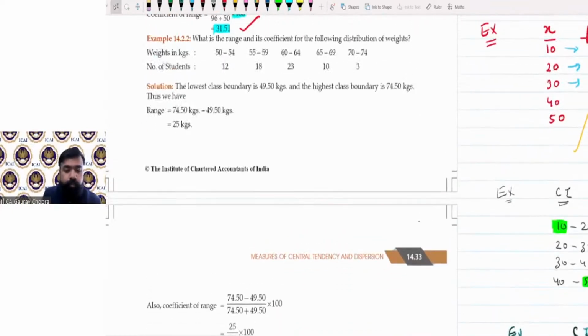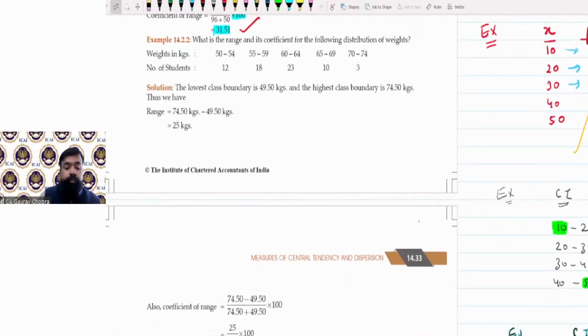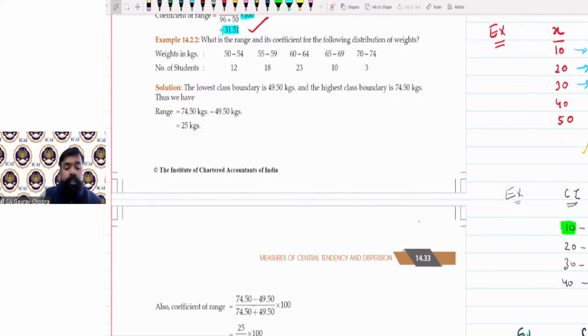Now, in the second example, again you have to calculate the range, but here the interval is inclusive. So you don't have to convert everything, only convert the smallest value and the highest value. The smallest value will be 49.5 and the highest value will be 74.5.